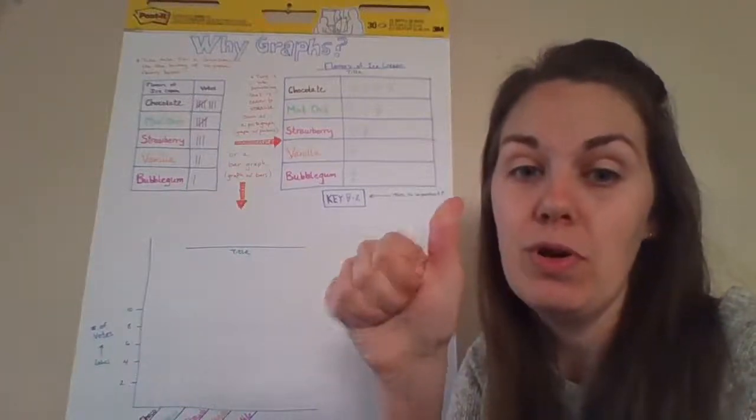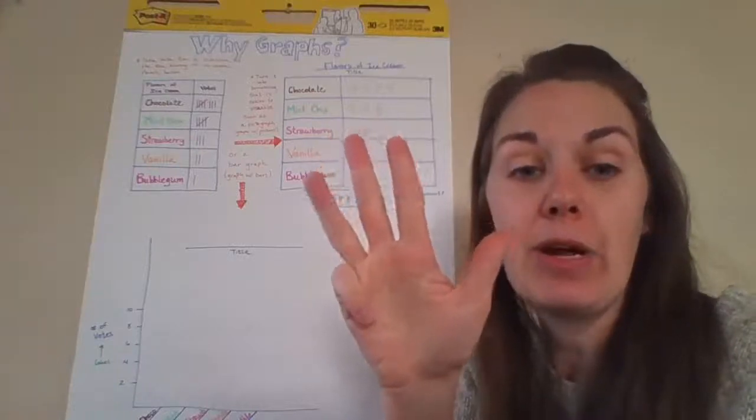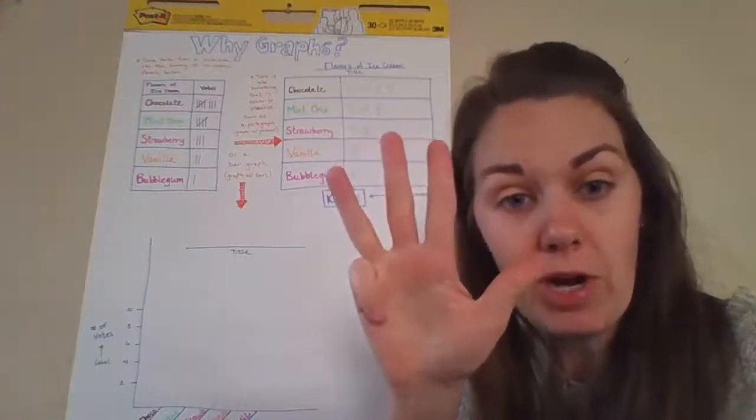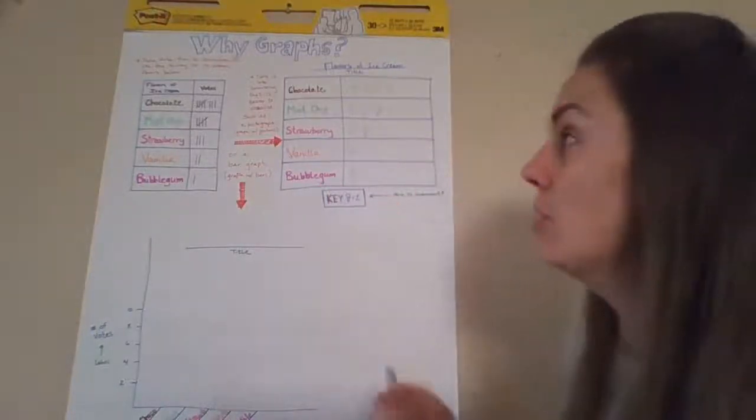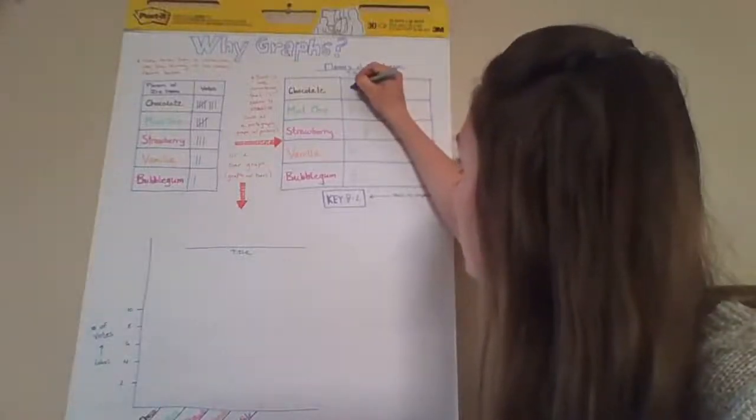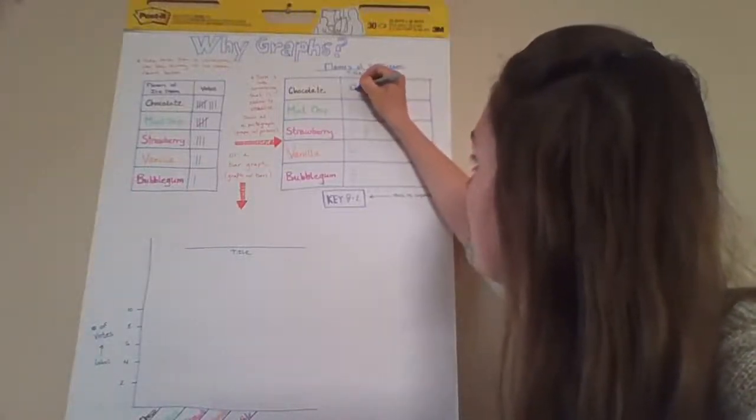So 2, 4, 6, 8. I will be drawing 4 ice creams for chocolate to represent the 8 votes because each picture, remember, is going to represent 2 votes.